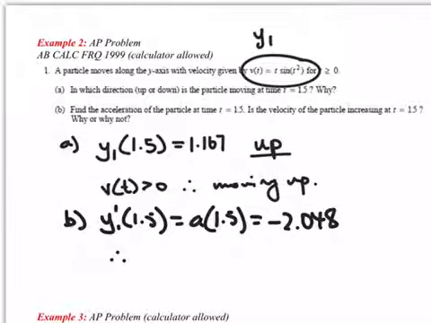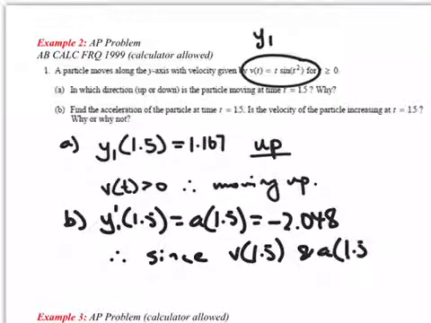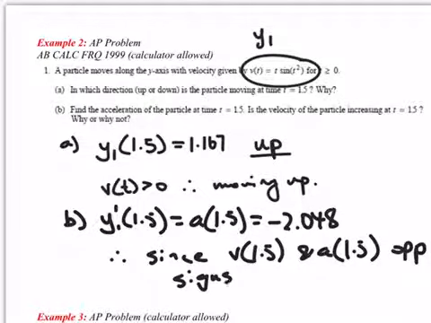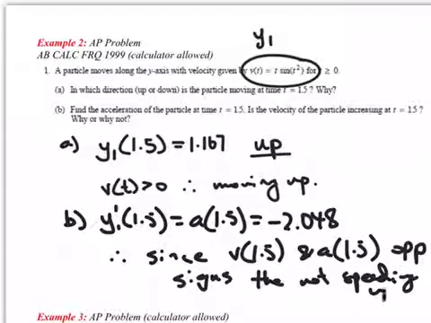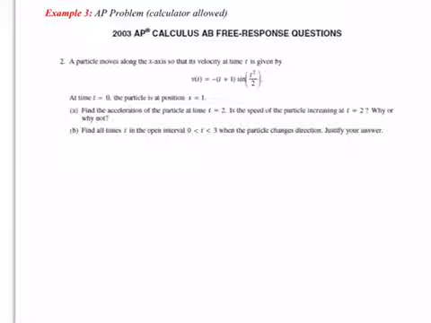Therefore, since velocity at 1.5 and acceleration at 1.5 are opposite signs, the particle is not speeding up. Not speeding up. Okay, let's get through one more example and that'll be good for today.